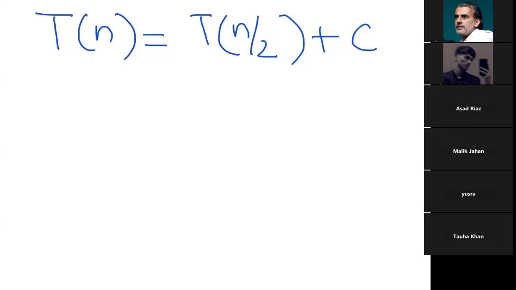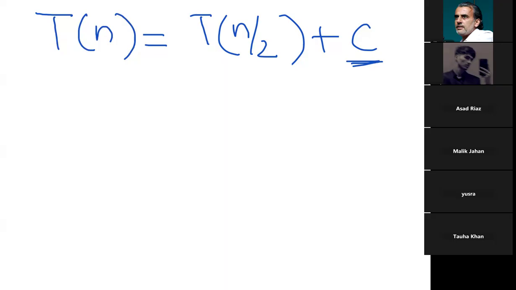So for example, we compute the midpoint, that's one line, there's another if statement which checks whether it's key, there are two more if statements. So 4, 5, or maybe 10, whatever the number of lines, those are representing some constant steps. Let's first try to understand this expression.